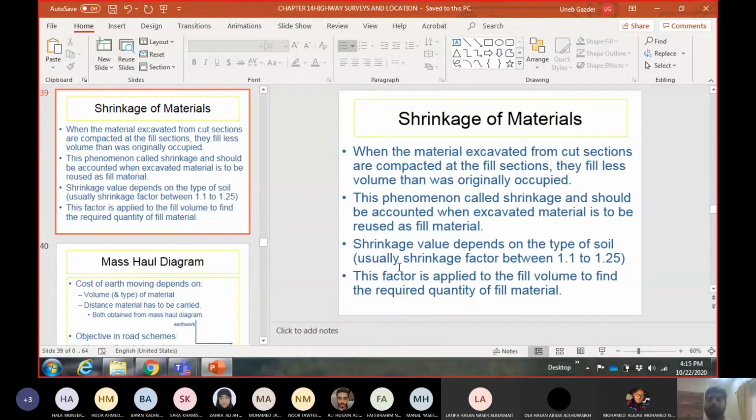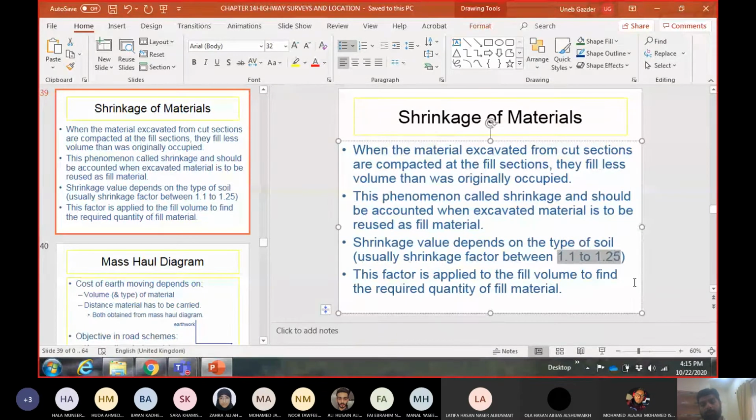That factor ranges from 1.1 to 1.25. So 1 is the actual quantity required, and then you are adding 0.1 into it, or in this case, 0.25. In terms of percentage, 0.1 means 10% and 0.25 means 25%.